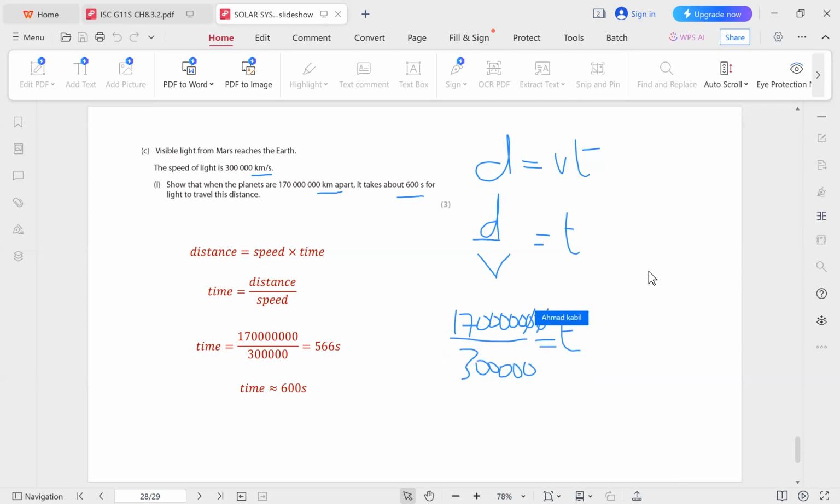So you cross out 5 zeros, and you're left with 1,700 over 3. And this gives you 566 seconds, which is approximately equal to 600 seconds.